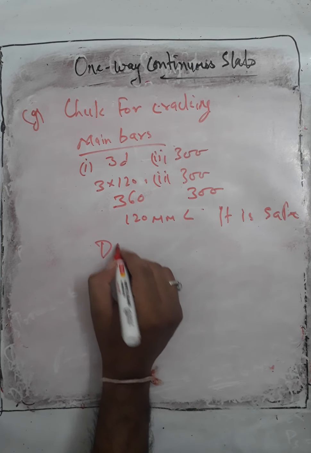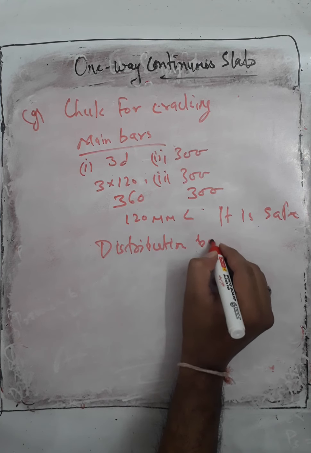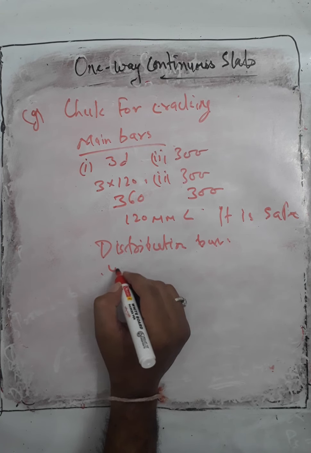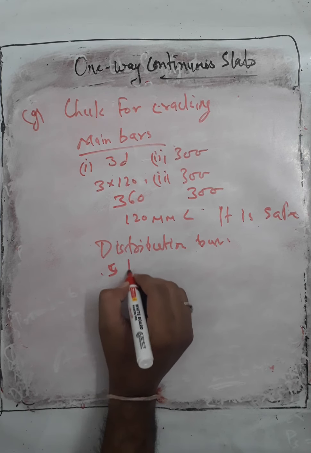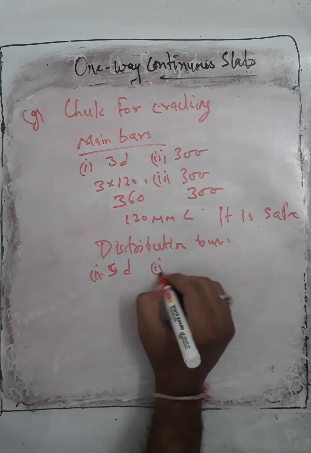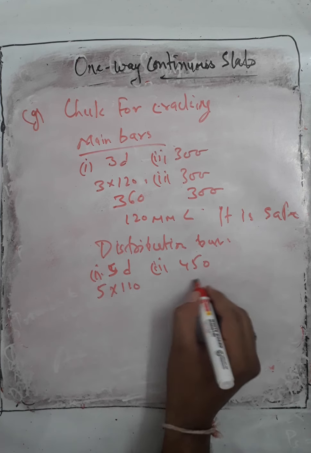Now for the distribution bar you have to take 5D and 450. So 5 into 120 and 450.